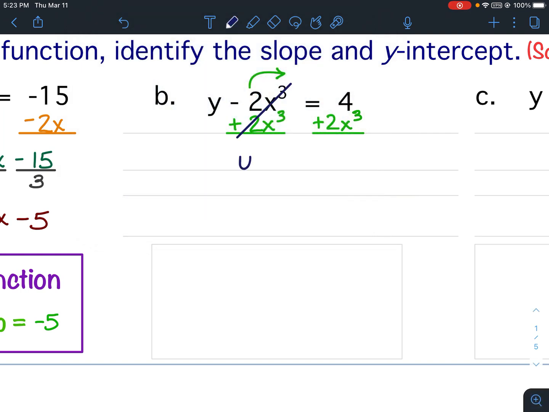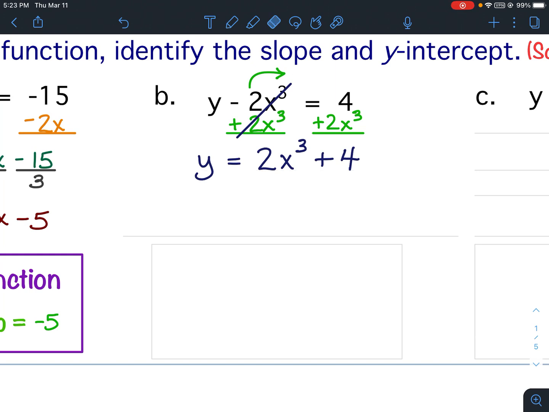So I have y equals, again, these are not like terms, so I bring down the 2x cubed and plus 4.